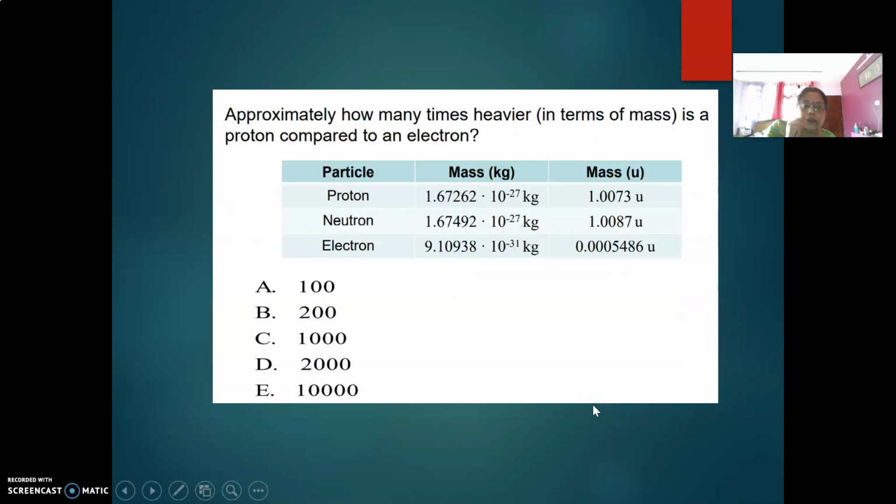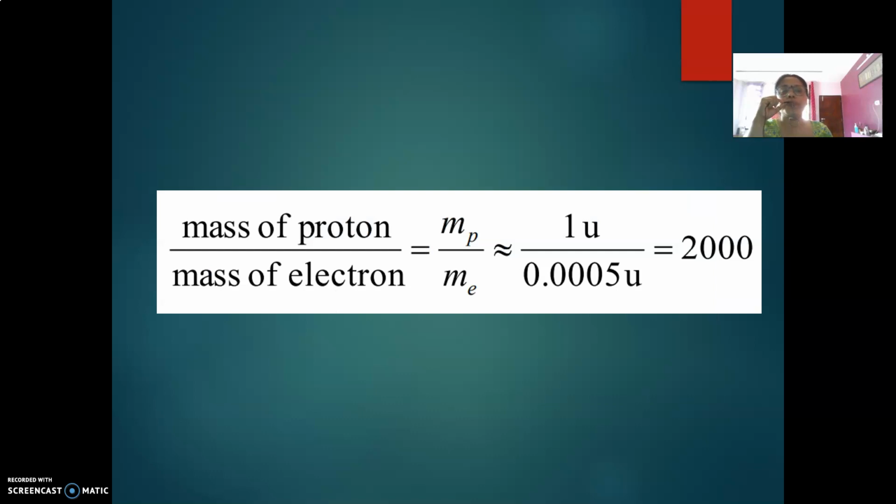And if that is the unit you are having, then kindly do this particular sum. Approximately how many times heavier in terms of mass is a proton compared to an electron? What is the ratio between these two?